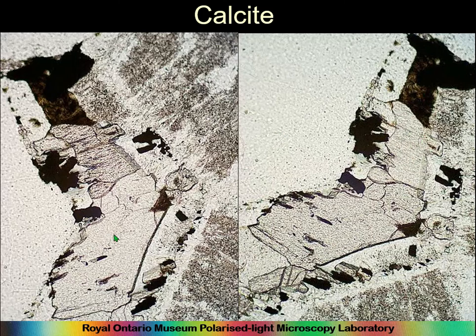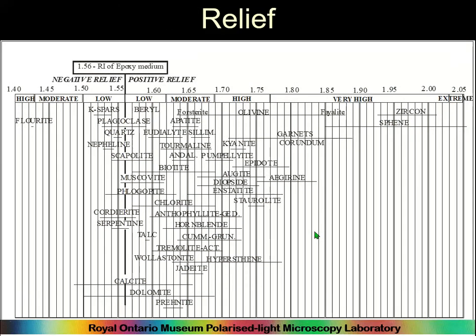And here, low relief, high relief. So only the carbonate group will do this. And so you'll actually find even teeny tiny little bits. If you look at it at the highest magnification you can, you're not entirely sure what it is, and it changes its relief when you rotate the stage, you're looking at a carbonate. It's very diagnostic. So relief, very important. So you can see calcite, you see, very low relief and moderate relief. Calcite, right there.